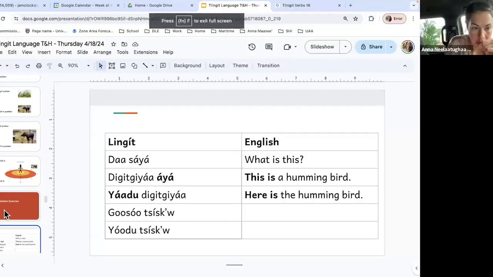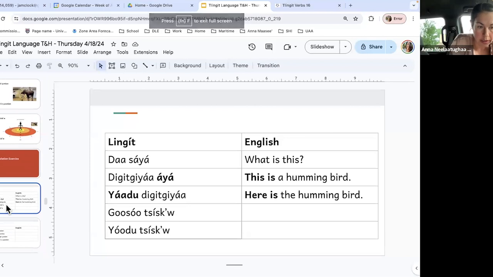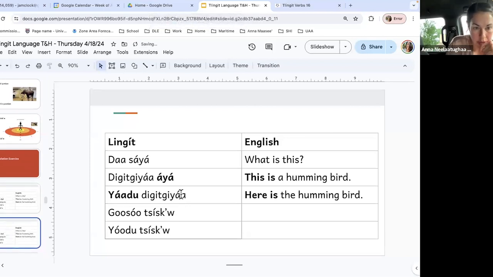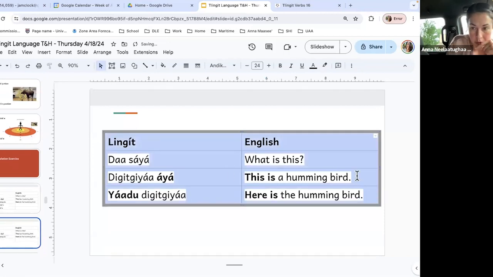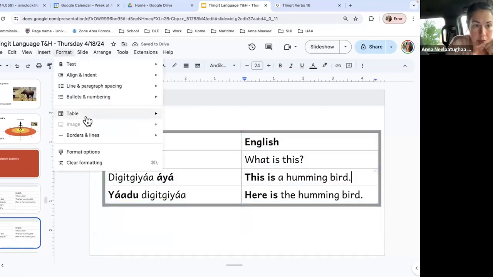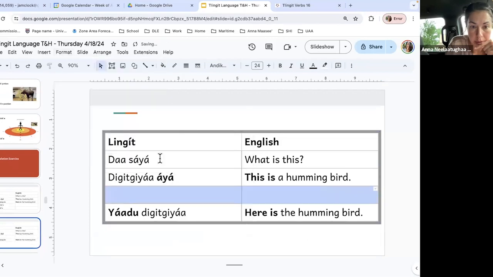So let me do one more line here. And I'm going to show you. Format, table, insert row below.